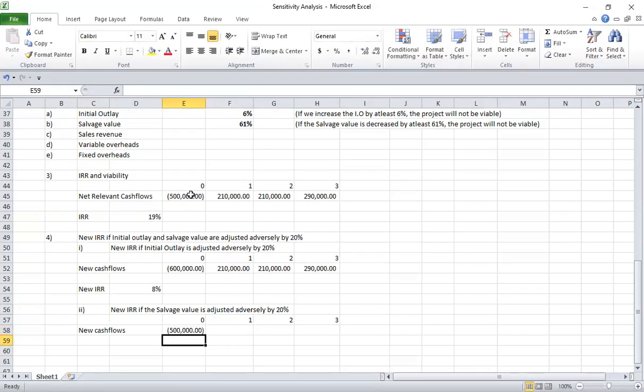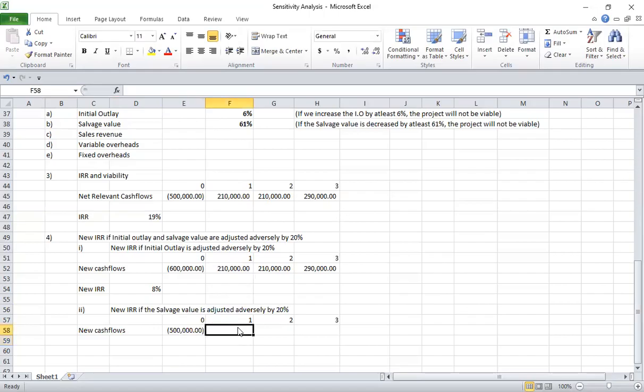That is now not changing. The salvage value only applied to which period? Somebody? The salvage value affects the last period, remember, which in this case is period 3.